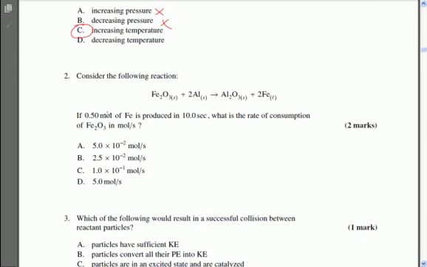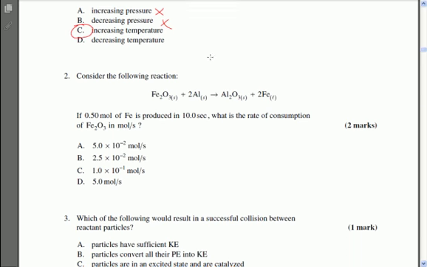Number 2, consider the following reaction. It says if we have 0.5 moles of iron produced in 10 seconds, what is the rate of consumption of Fe2O3 in moles per second?